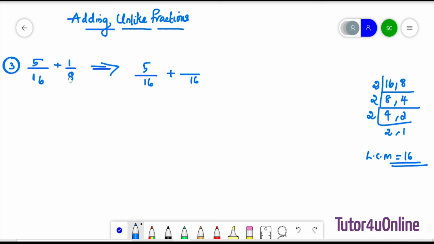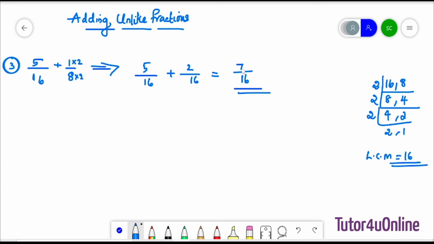But the second fraction has denominator 8. How do you convert 8 into 16? 8 times 2 equals 16. So multiply the numerator also with 2. 1 times 2 is 2. So 5 plus 2 equals 7. 7 by 16 is the answer.